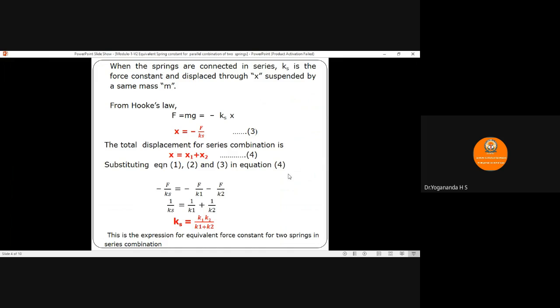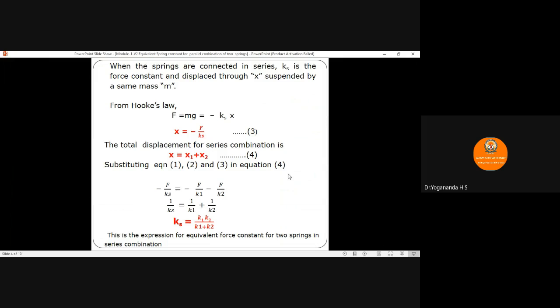Now, when the springs are connected in series combination, the net displacement of the series combination is equal to the sum of the individual displacements of the springs. That is, x equal to x1 plus x2.